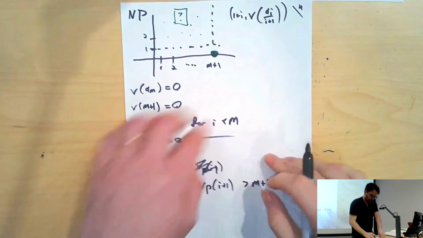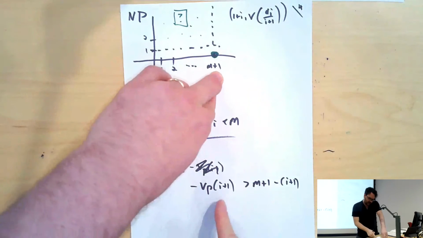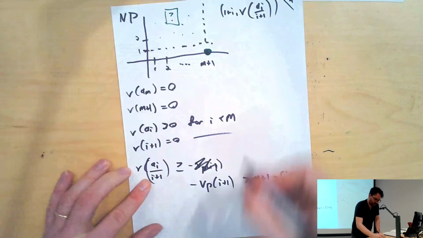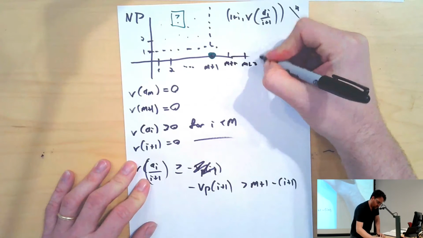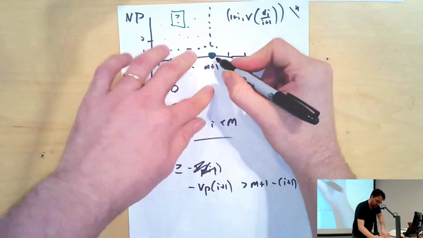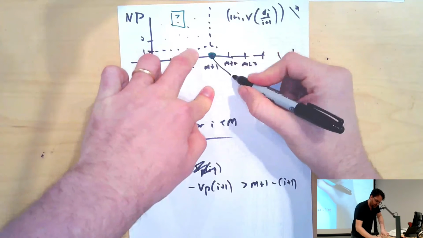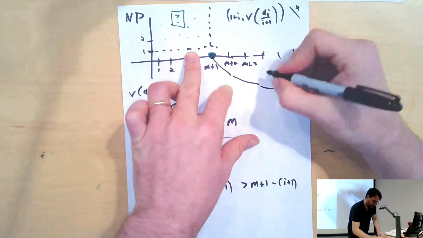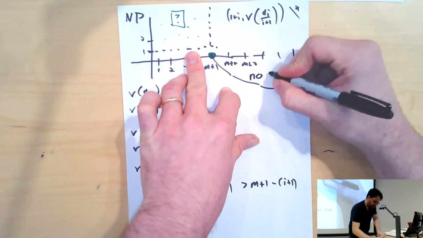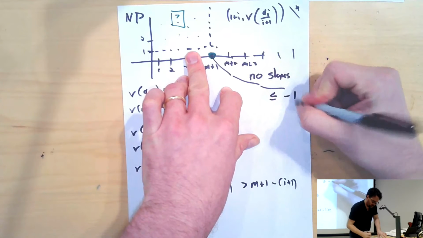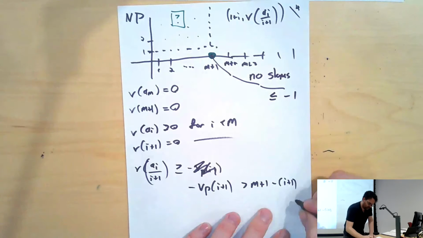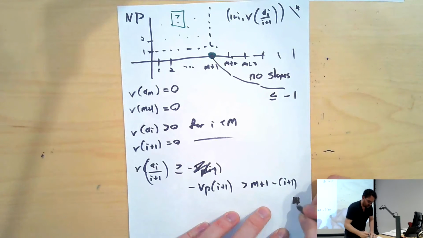So in particular, when you draw the Newton polygon here, these might be negative. You might have denominators divisible by p. But the slopes can't be too large. So in this area, you have no slopes which are less than or equal to -1. And so I claim that actually does complete the proof.